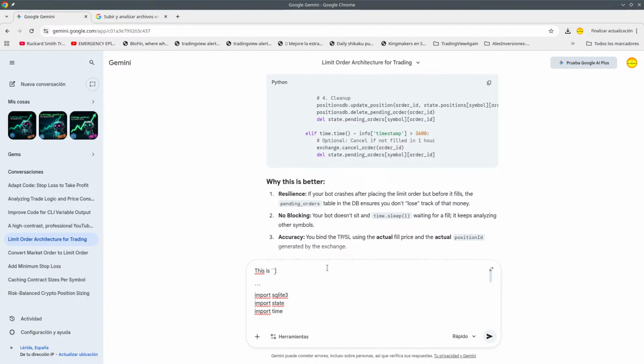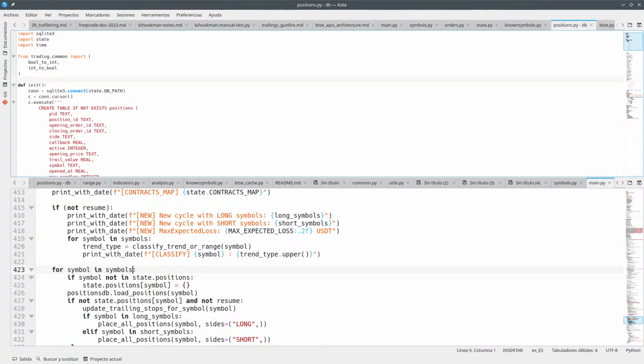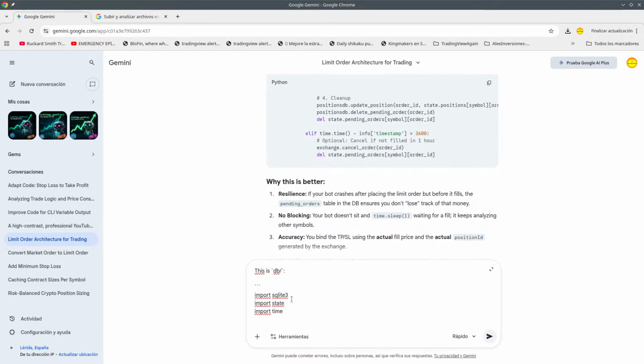This is db positions.py. This is position.py, C code below. So the question is: clone and rewrite it as db orders.py.